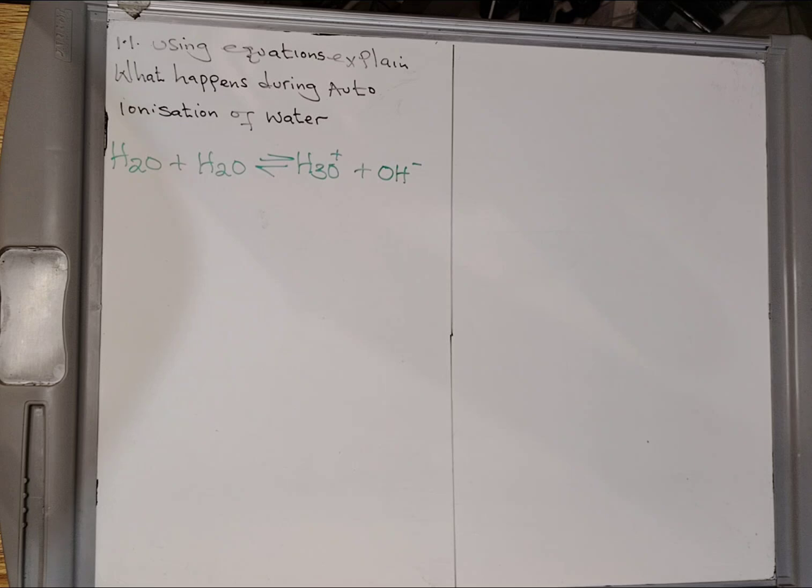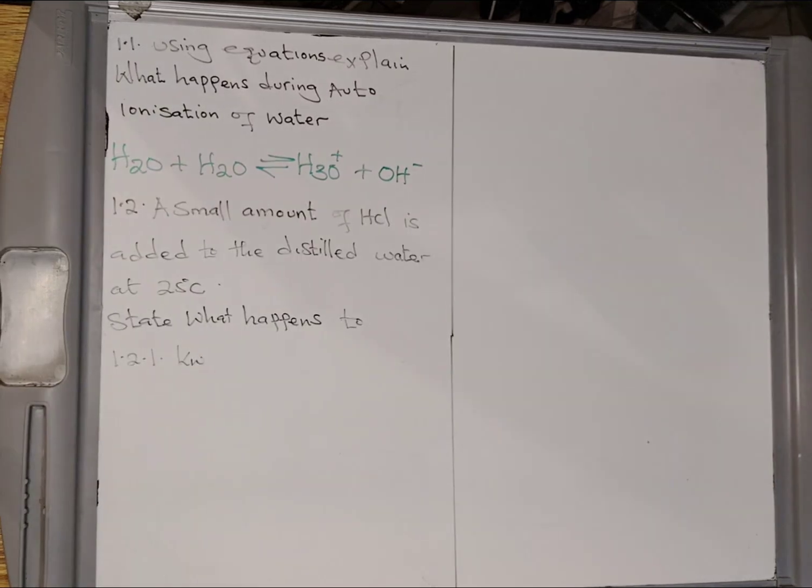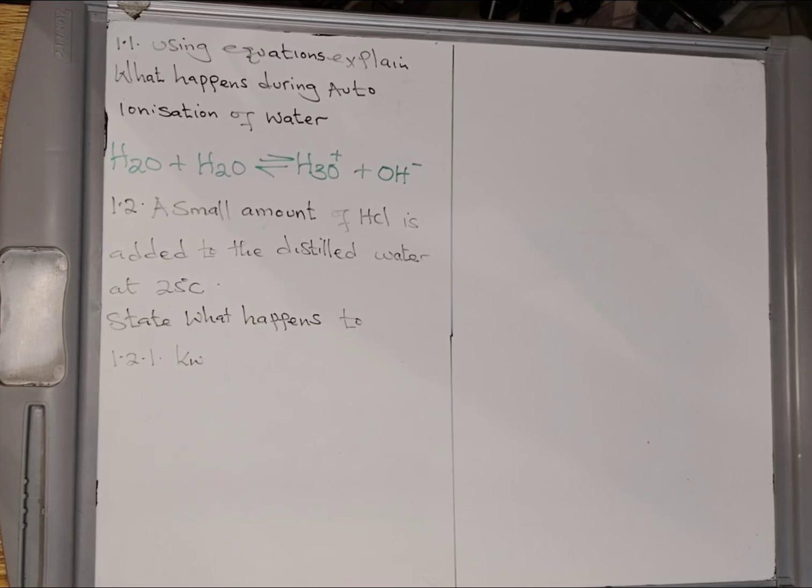Next question. It says, a small amount of hydrochloric acid is added to distilled water at 25 degrees Celsius. The question says, state what happens to Kw. Now, Kw is the ionization constant of water.